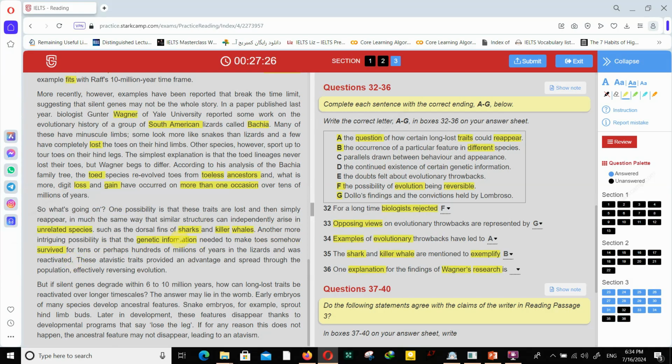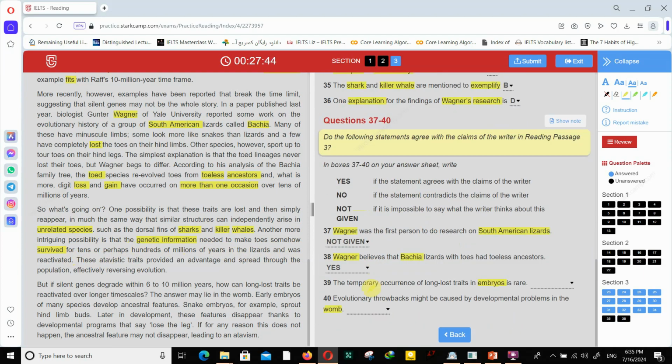Genetic information survived for tens or perhaps hundreds of millions of years in the lizard and was reactivated. So here it says that the continued existence of certain genetic information. Yes, of course. This is actually the right answer for this one. So 36 is option D actually. So we are left with just two questions. Be careful about embryos and womb.